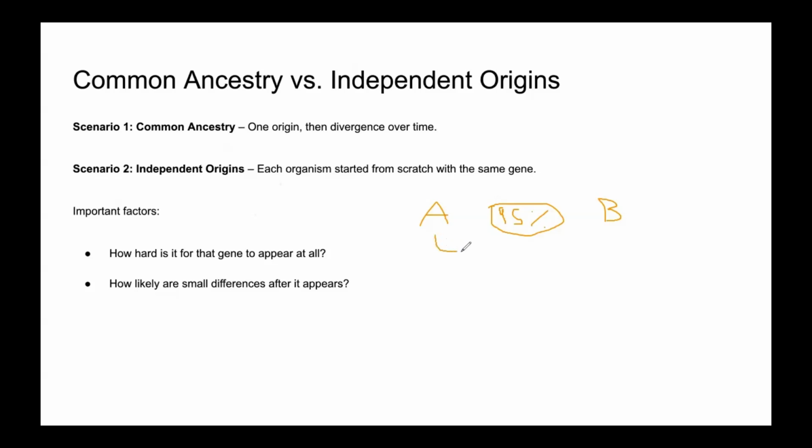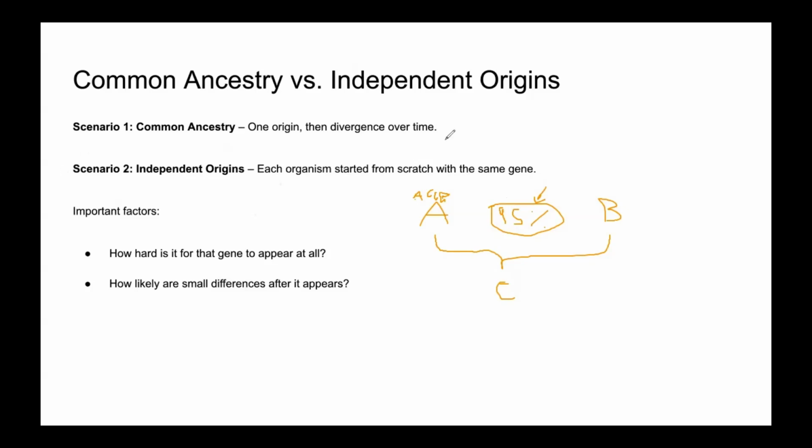The first scenario is saying that there is some common denominator between A and B. Let's call it C. C had this genome sequence. Let's assume hypothetically the genome sequence is something like ACCG, right?